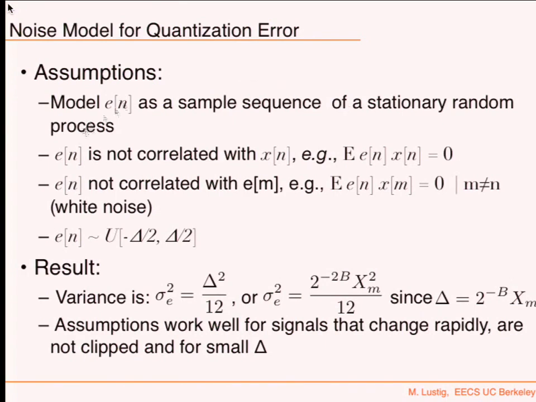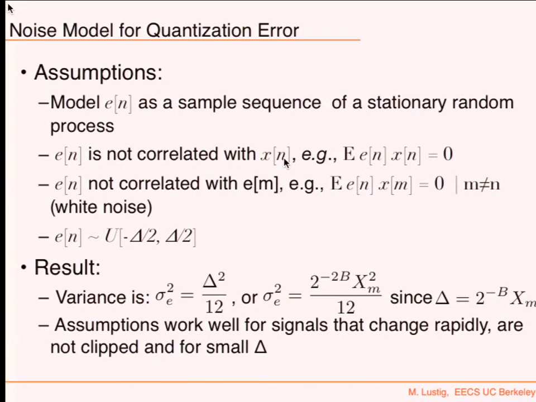We're going to assume that e of n is not correlated with the signal. So the error is not correlated with the actual input. Is that true? It's actually not a bad approximation, depending on how many bits you have.